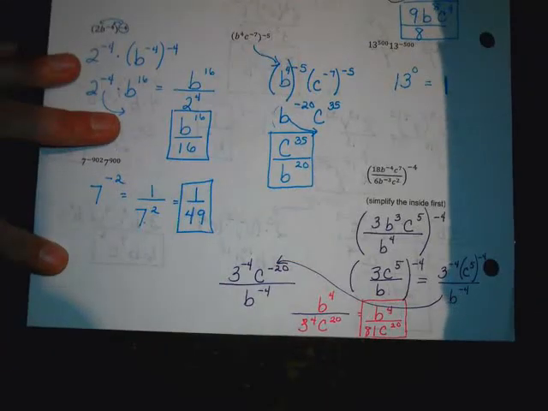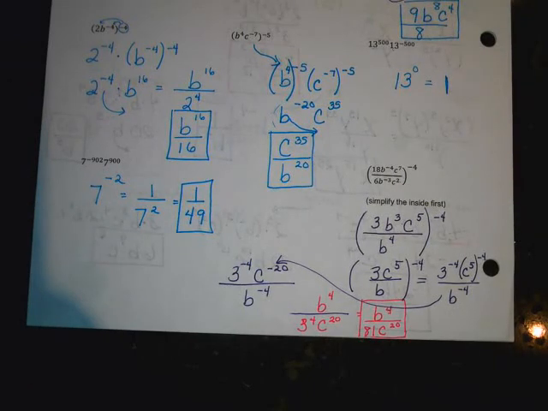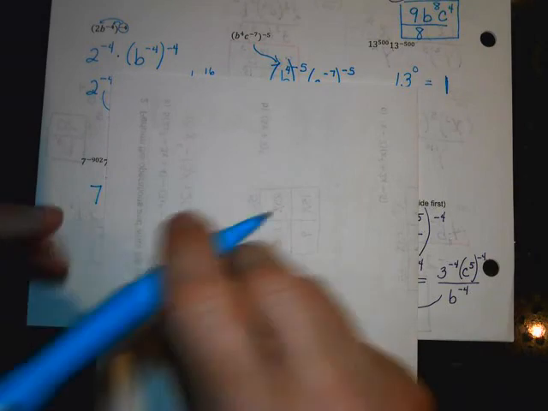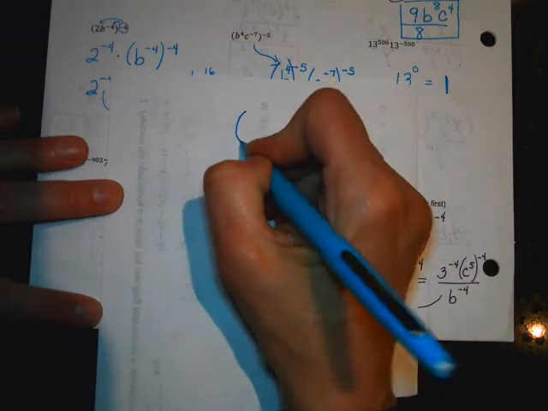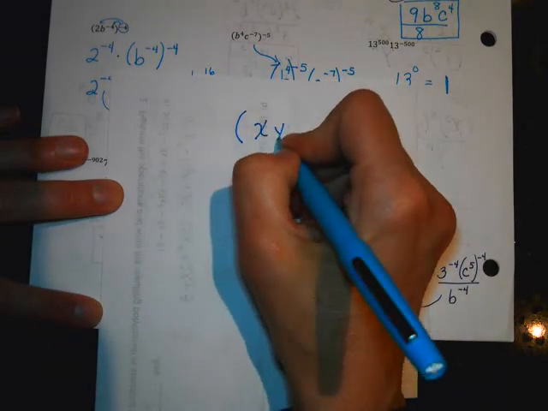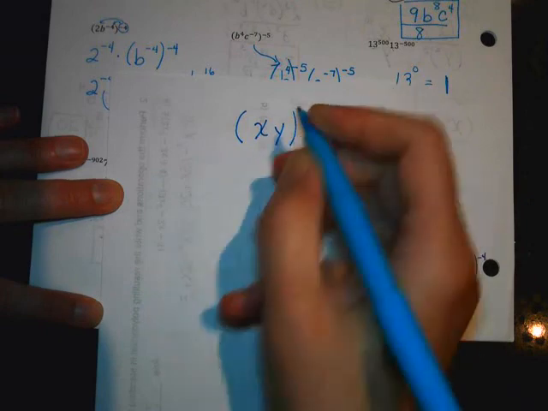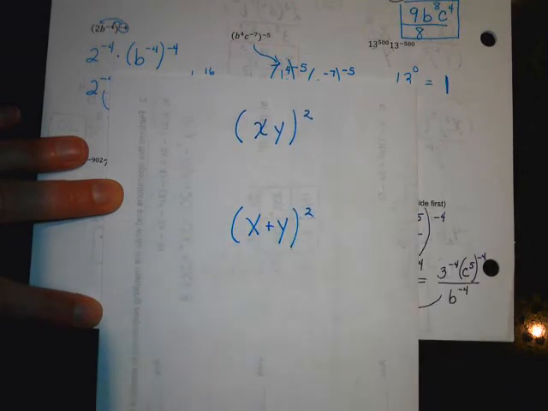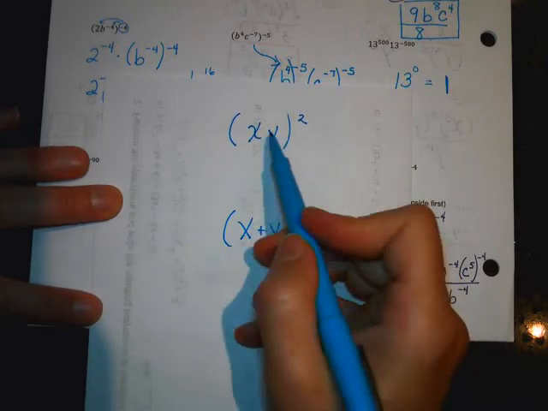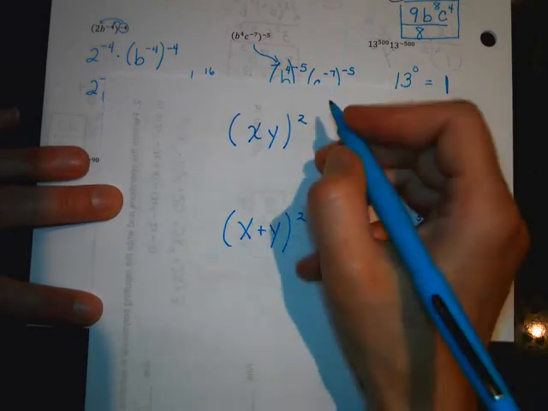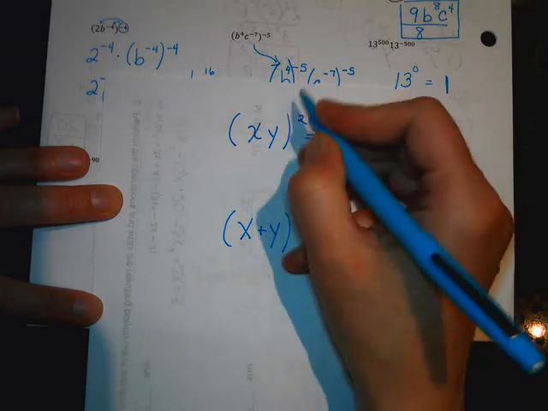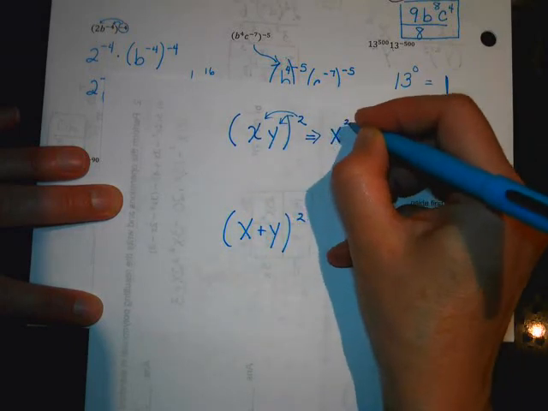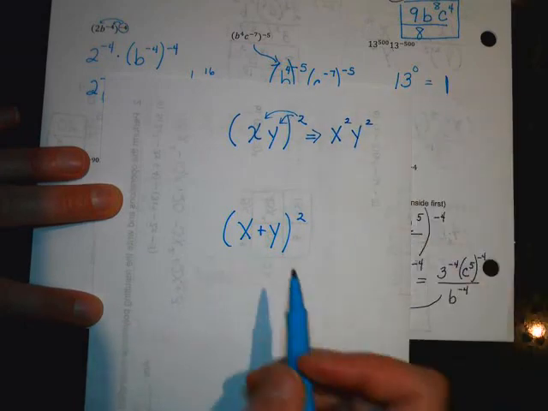All right, let me just give you a warning, because this is what I find people make mistakes with. You ready? People will look at this, and they'll look at this, and they'll forget. If everything is multiplication or division, you go for it. You can take that 2 and raise every factor to the 2nd power.